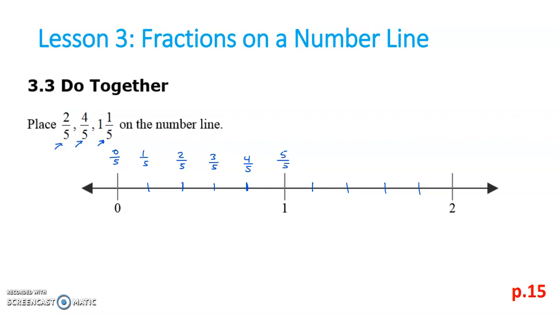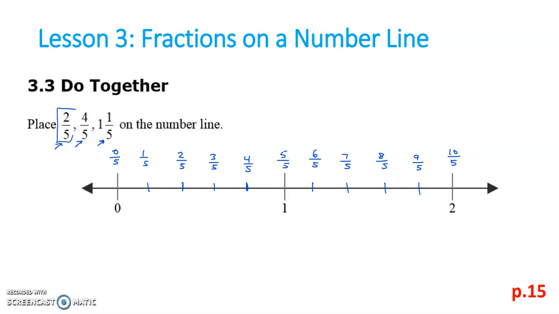And if we keep going up like improper fractions, we can say 6 fifths, 7 fifths, 8 fifths, 9 fifths, and 10 fifths. Now we don't have to do all of that on this number line, but I'm showing you how we go from a proper fraction to an improper fraction from 1 up until 2.